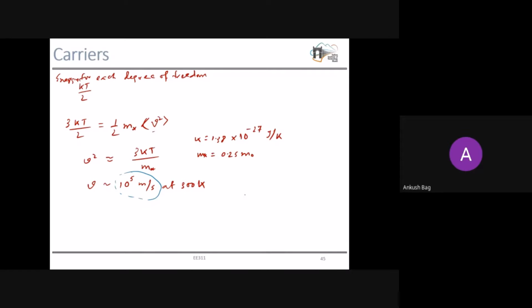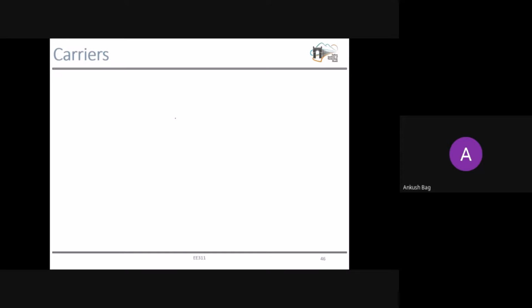Let me go to the next slide. This is exactly random, there is no direction. That is why this thermal motion is random motion.